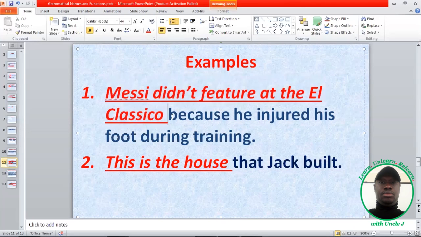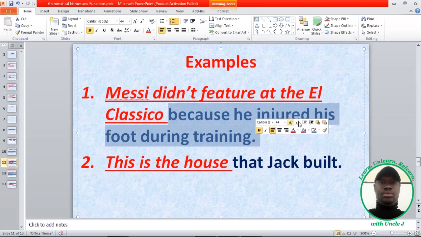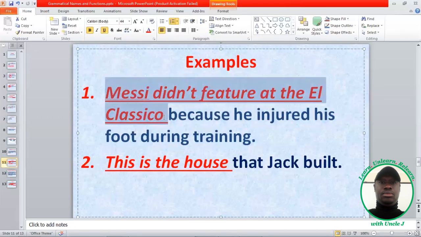This other part is only depending on the first part of the sentence to make sense, because "he injured his foot during the training" does not make complete sense. What makes complete sense here is that Messi did not feature at the El Clasico. So this makes this part of the sentence in red the main or independent clause.